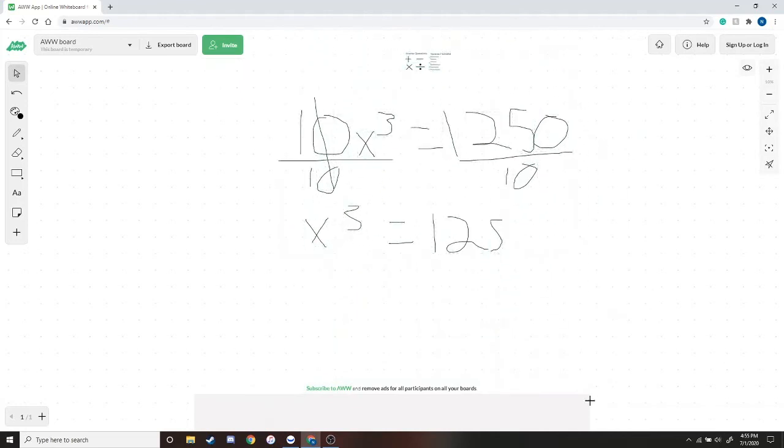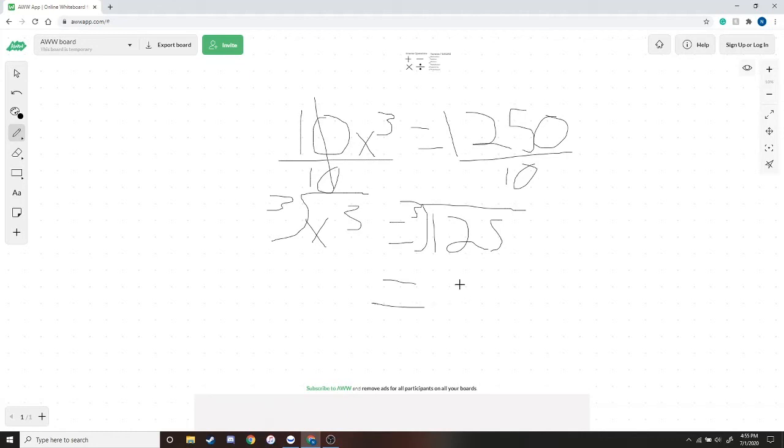So now what we want to do is, like last time, we know that the opposite of cubed is cube root. So you want to apply cube root to both sides. Now, like last time we did the square root, we saw that we had 2 answers. But in the case of cube roots and any odd number root, you're going to end up with 1 answer.